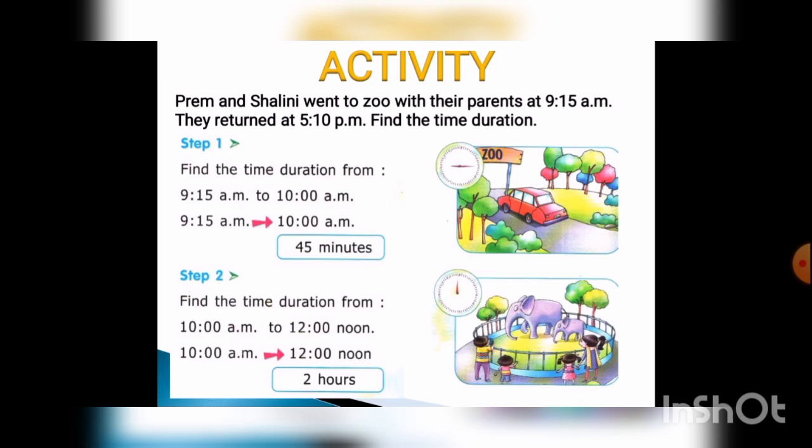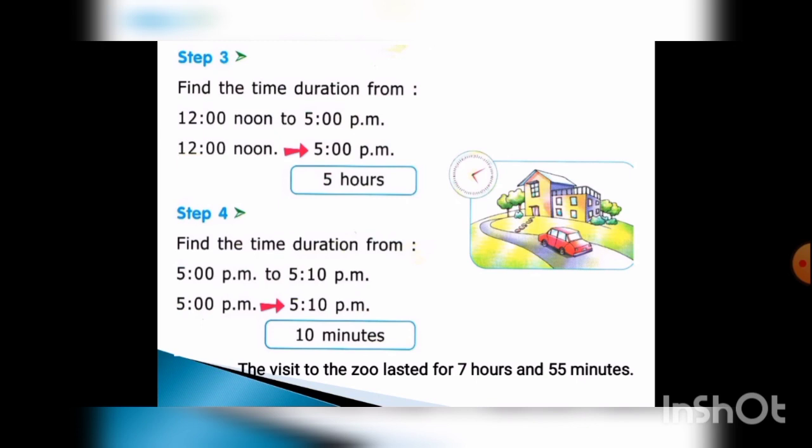Now you have to add this: 45 minutes plus 2 hours plus 5 hours and 10 minutes. That is 7 hours and 55 minutes. So we can say the visit to the zoo lasted for 7 hours and 55 minutes.